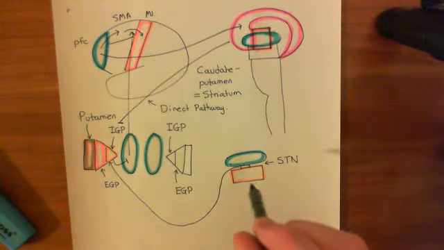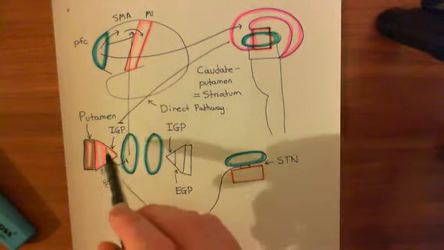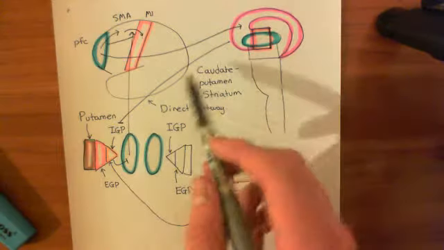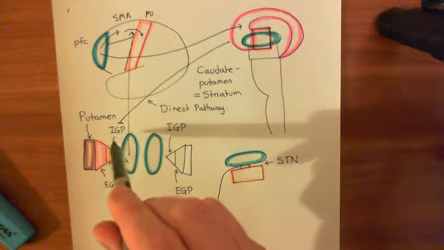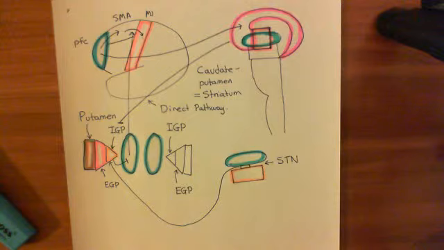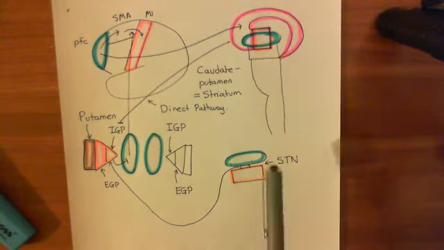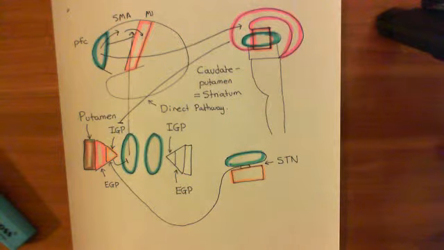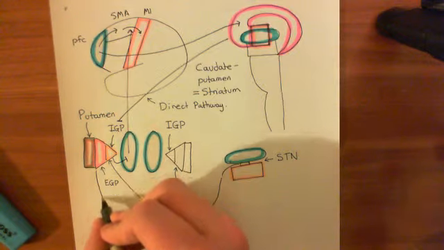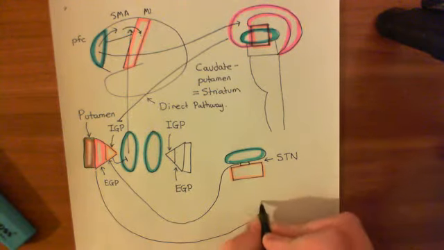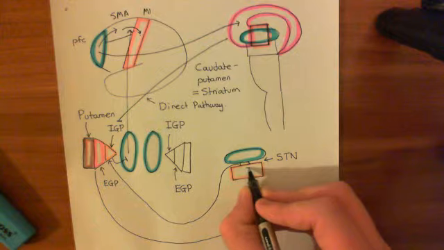So, if we want to reduce the activity of the internal globus pallidus, we could either work through the direct pathway and directly inhibit the internal globus pallidus, or we could inhibit the subthalamic nucleus, and that would indirectly inhibit the internal globus pallidus, since the subthalamic nucleus is continuously activating it.